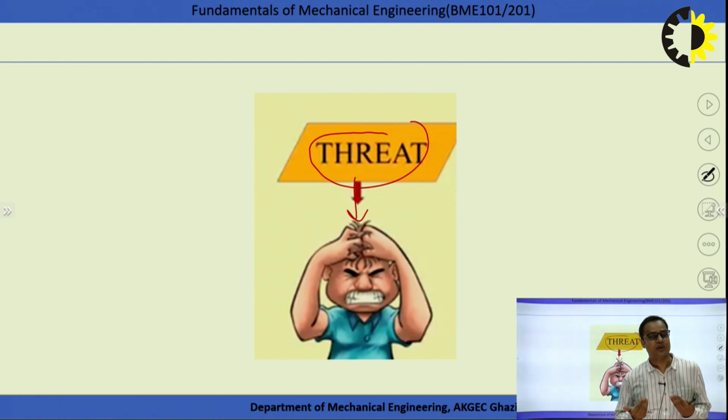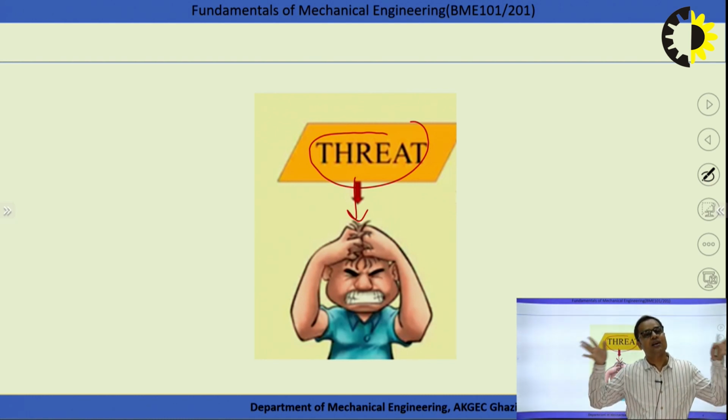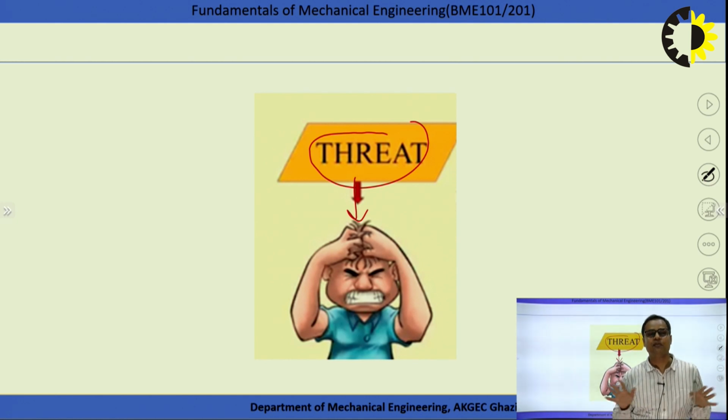The main important thing is that stress is how the body is responding against the threat. It is very important, this stress and strain concept. So that's why I'm saying stress and strain are not restricted to the material of elasticity. They are very common and general terms, and we can correlate them with the material of elasticity. In a later class, I will discuss how we can correlate these very general terms with the material of elasticity.